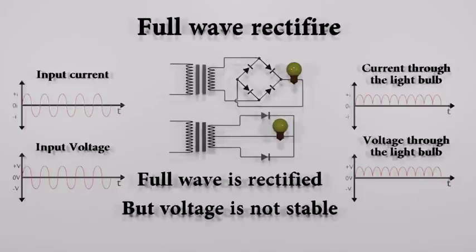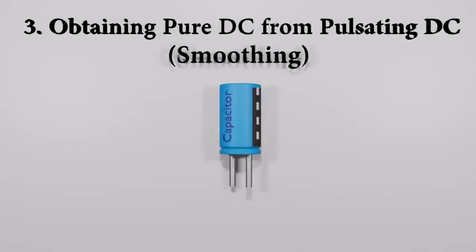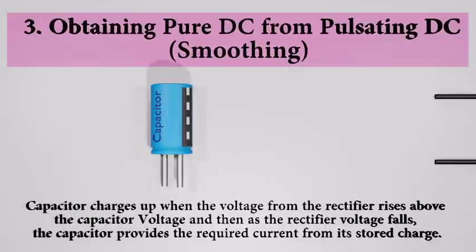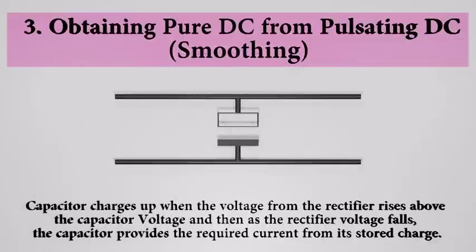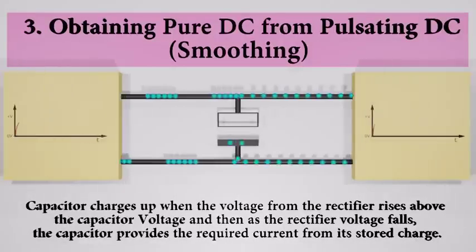Let's talk about how to obtain pure DC from pulsating DC. This is called filtering or smoothing the rectified voltage. A filter circuit, also known as a smoothing capacitor, is added to the rectifier circuit to improve the output. The smoothing capacitor converts the rippled output of the rectifier into a smoother DC output.